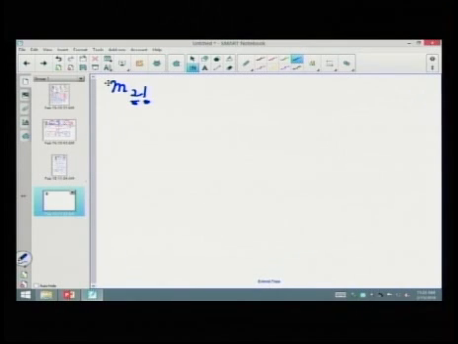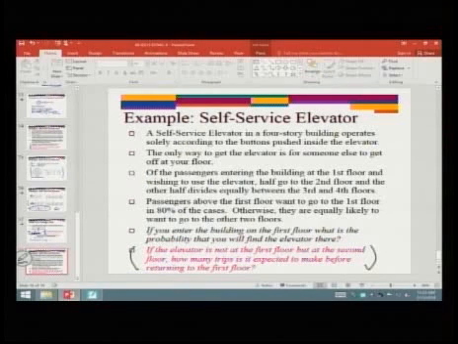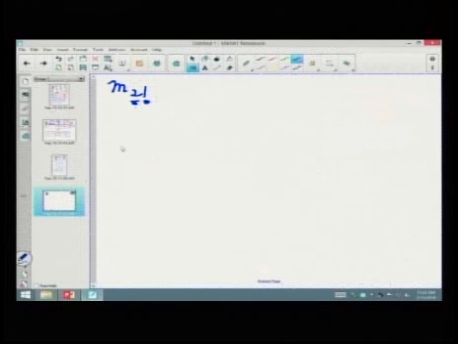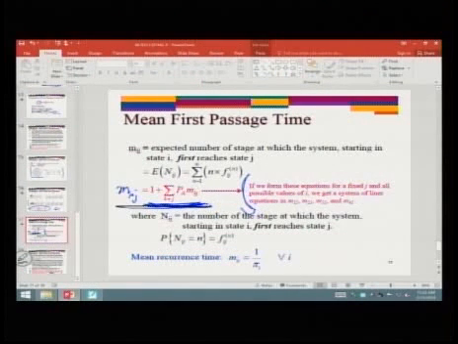That's exactly what you need to answer this question, so the answer is m sub 2,1. That's why I want to show you how to compute m sub 2,1 using this formula.